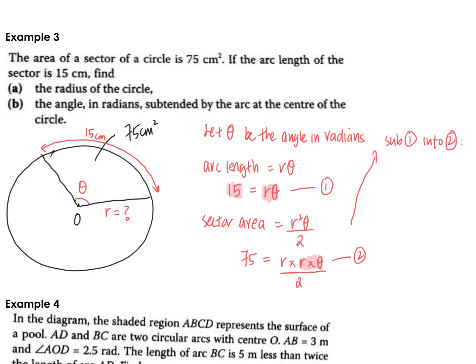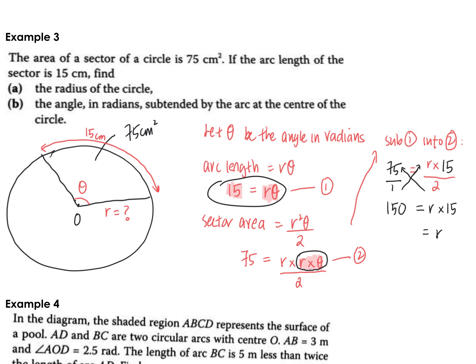Sometimes you don't know where it leads you, but the answer is quite beautiful. So let's change this to 15, and the rest you keep as it is. Then you realize you can solve the question already. Let's cross multiply. This is 150, and then r is just 10.